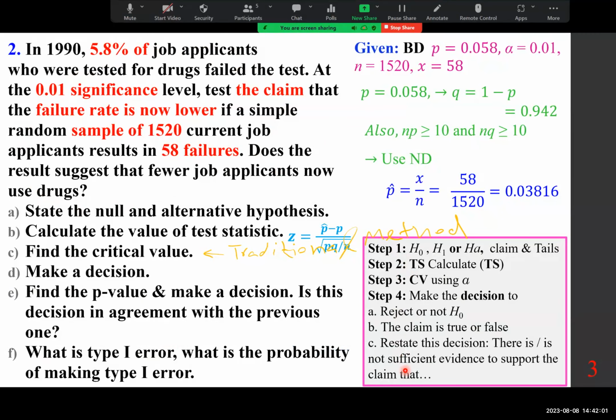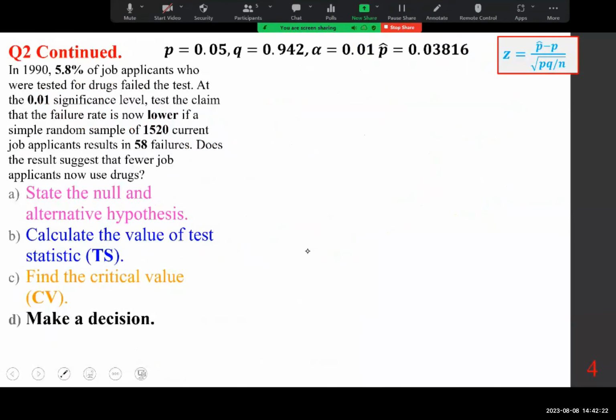So in this case, because we are dealing with the proportion, z equals p hat minus p over the square root of pq over n. Let me clean up the mess so you can see that. So this is the value of test statistic, and you can find it in your formula sheet for this question. So from the previous page, we're going to write p, q, this is 0.058.